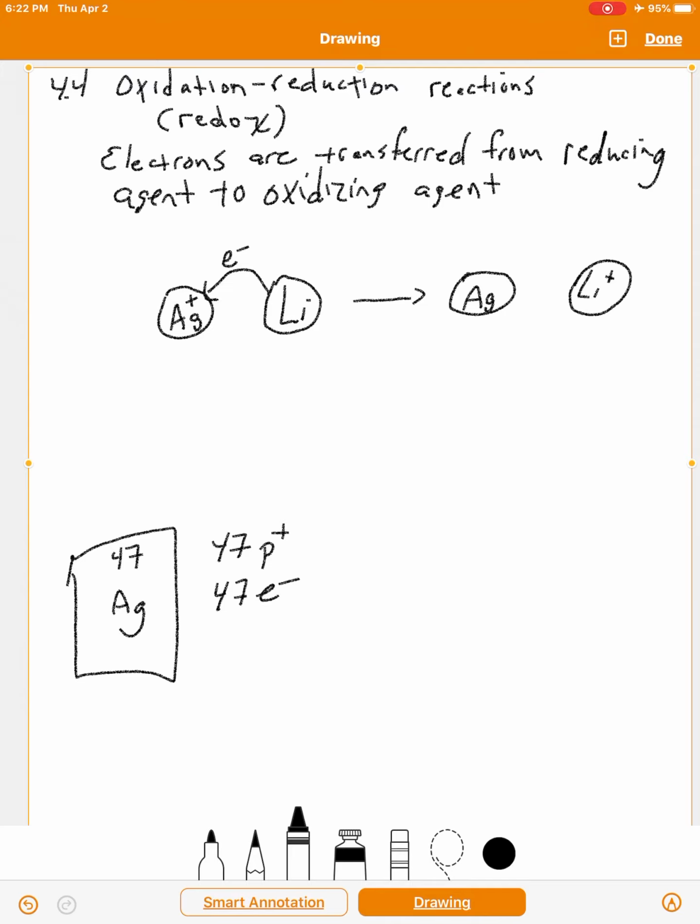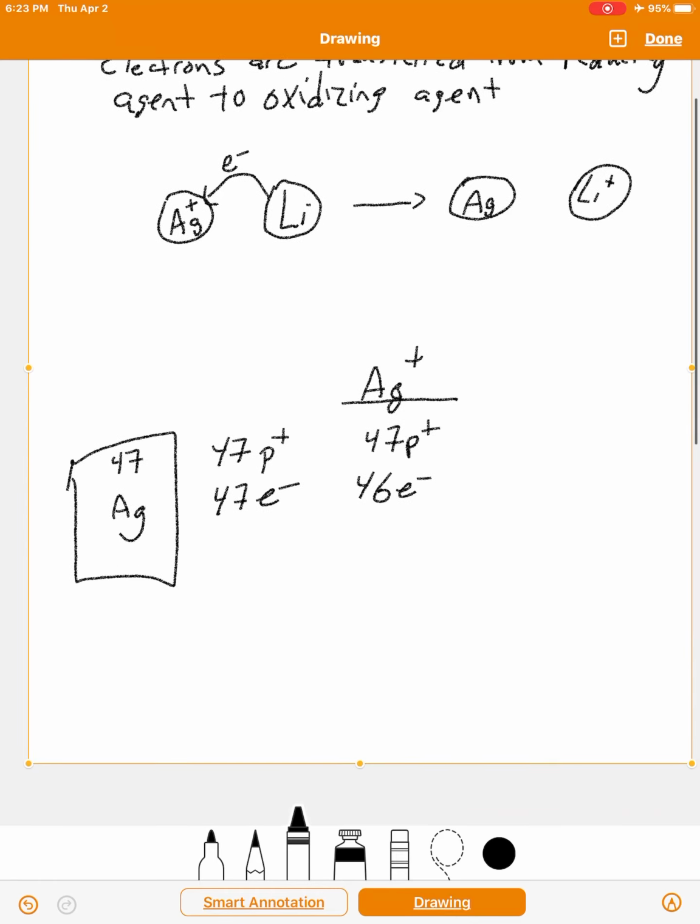It's a neutral atom. Now, what happens if we remove one of the electrons from a silver atom? We would now have 46 electrons, but we'd still have 47 protons, right? So what we would say is that the silver ion, Ag+, is the case where you have one extra proton compared to electrons, and that's why it has a positive charge. There's one extra positive charge.